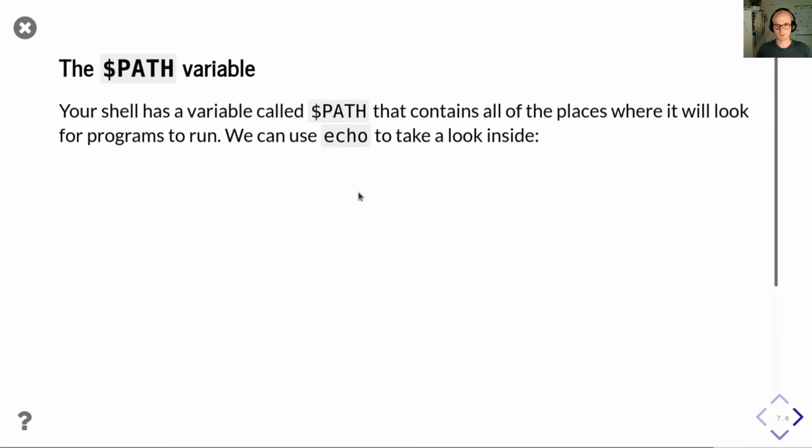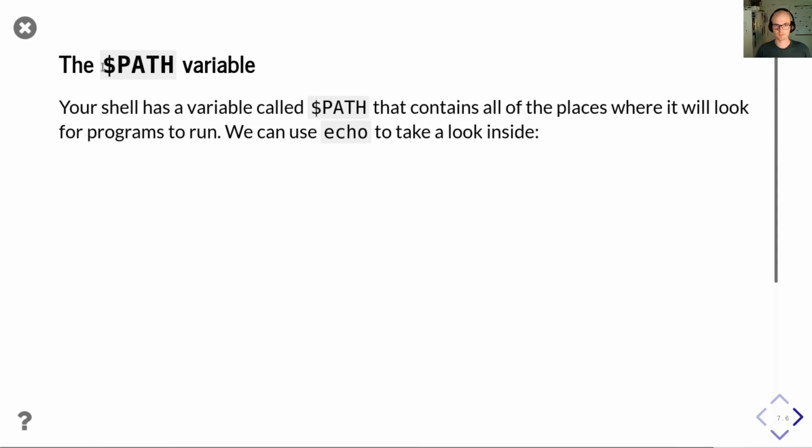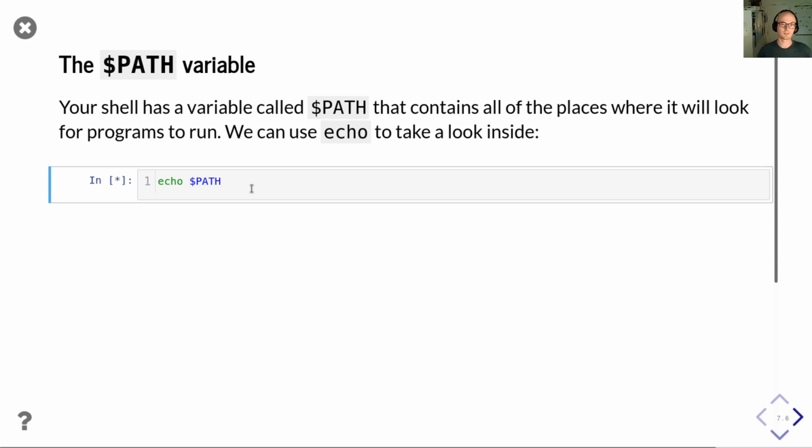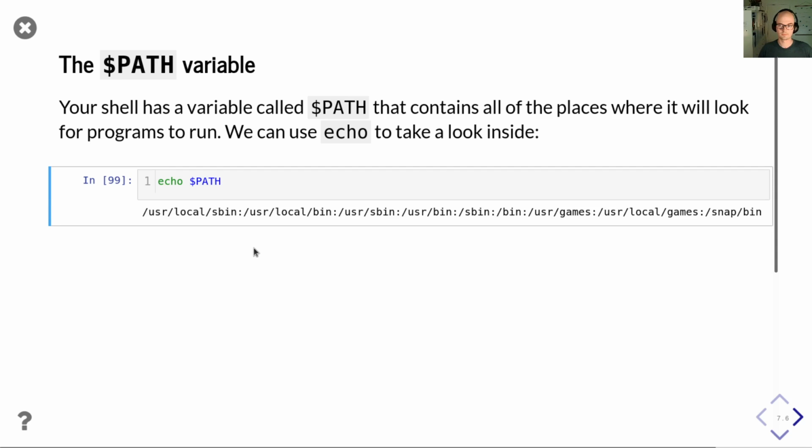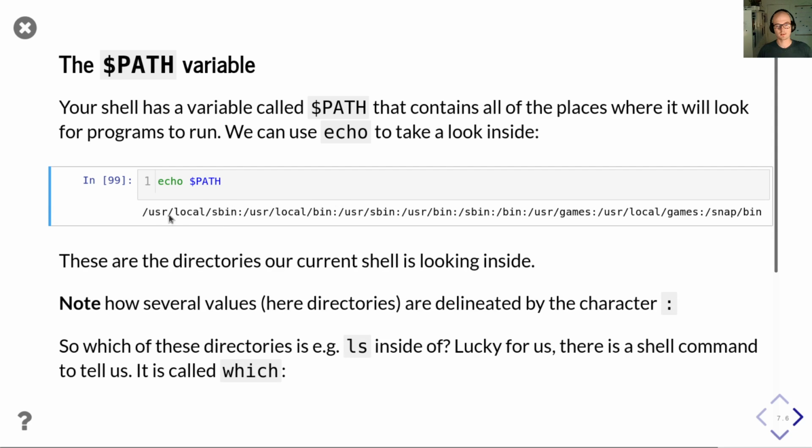How do you make that happen? Well, there is another variable, and this is where we get to the variables. It's called the path variable. So like the shell variable we've seen before, the path variable is an environment variable that your shell starts with. And if we print out the content of it, or its value, so it's an environment variable, not a value. Yeah. So if we print the value of the environment variable, we see that there are all these paths in there, right?